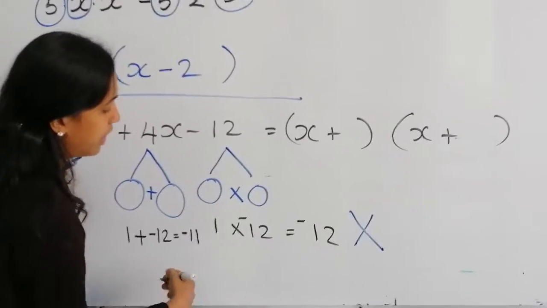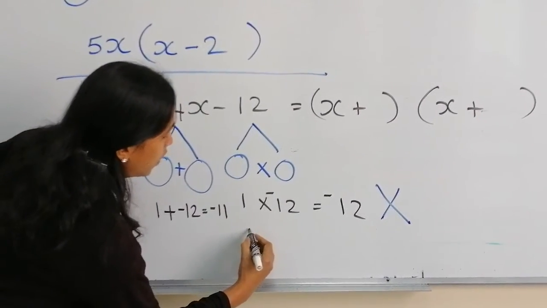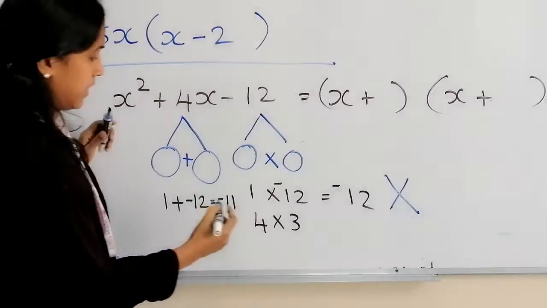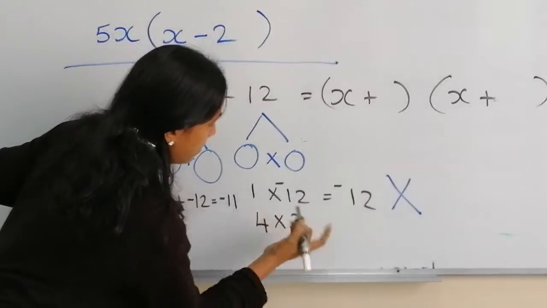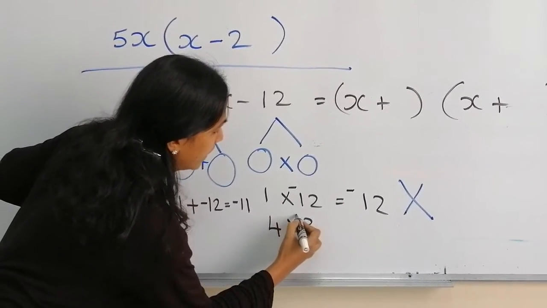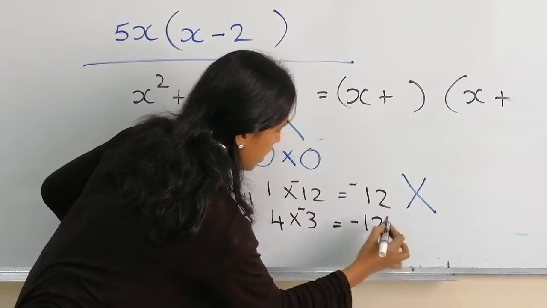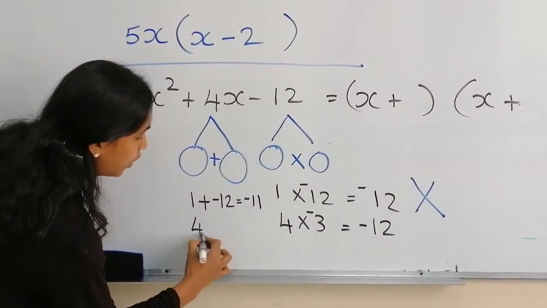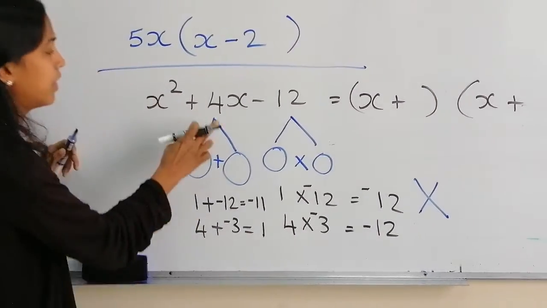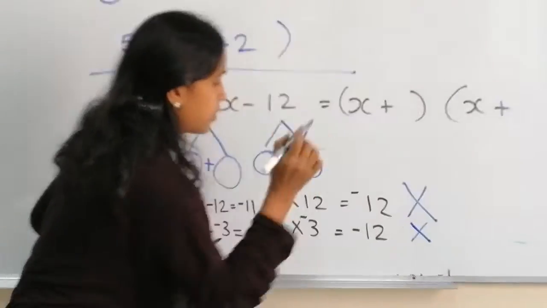Let me try another. 4 and 3. One number should be negative. Let me take 3 as negative. I will get negative 12. But when I add 4 and negative 3, I get 1. But here I need 4. So we can ignore this also.